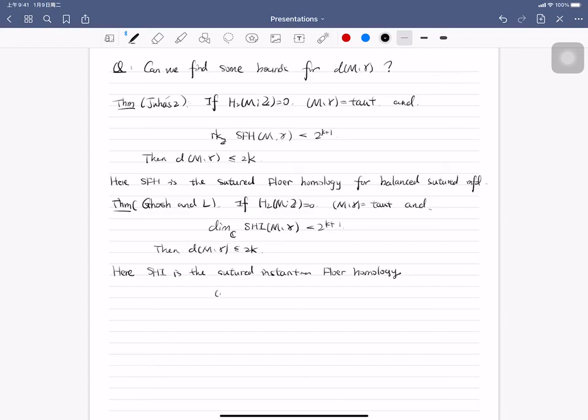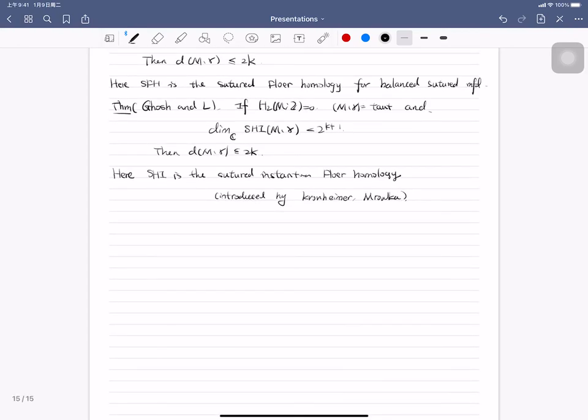Right, so this is introduced by Kronheimer and Mrowka. It's a finite dimensional vector space associated to any balanced sutured manifold. It also serves as an invariant for balanced sutured manifolds.